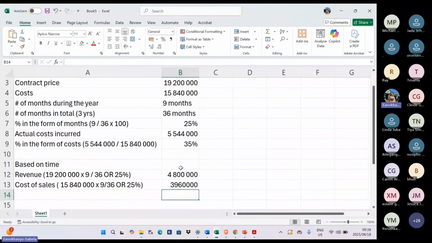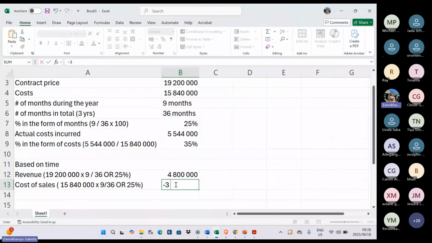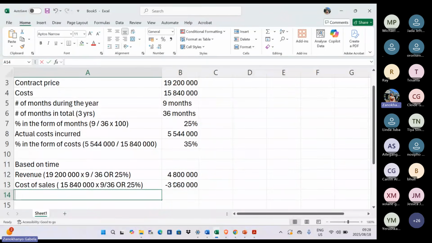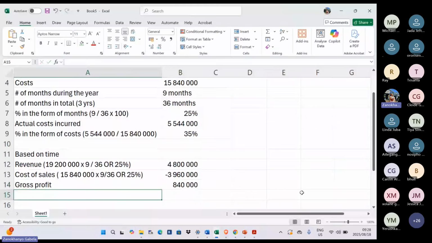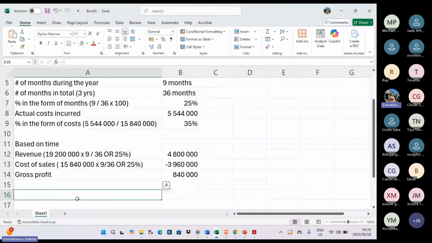Is it? Yes, 25%. That's 3,960,000. Okay, perfect. Lovely. Then we have our gross profit, which equals that figure over there minus this figure over here. Perfect. That's 840,000. Okay. Right. And then now our billings to date.